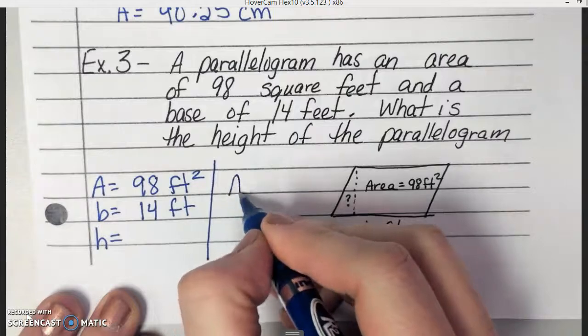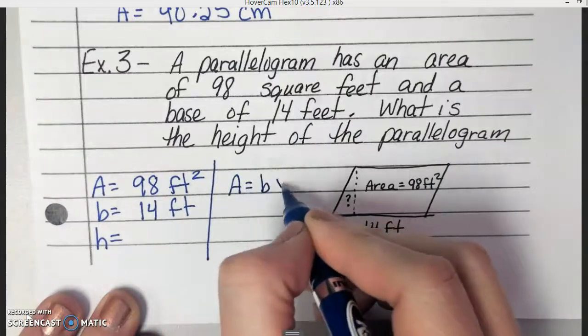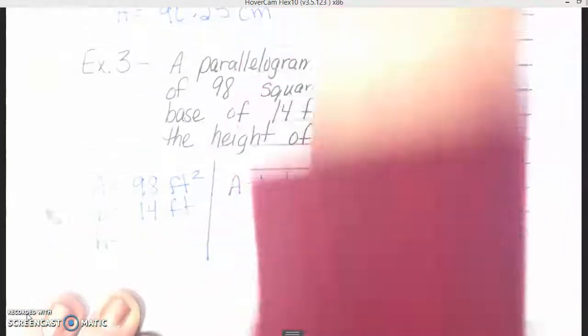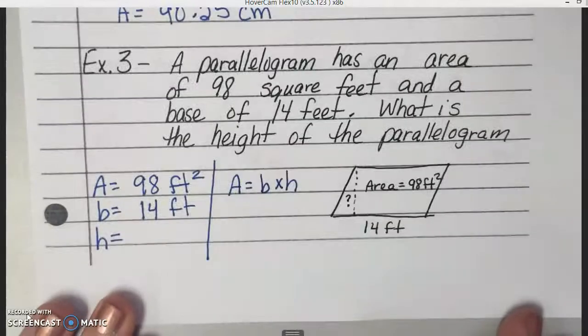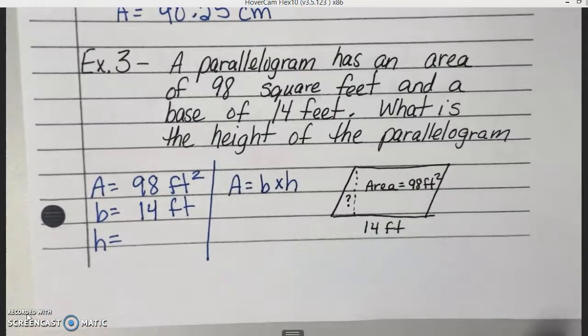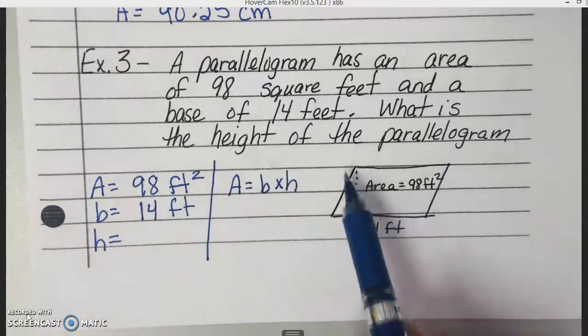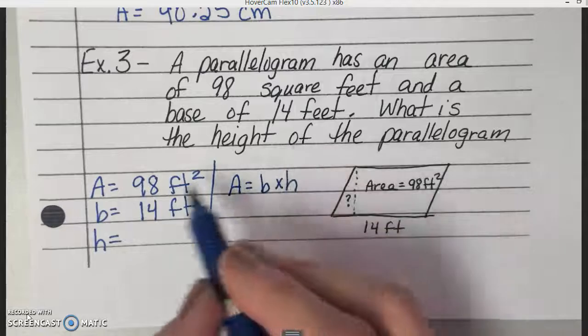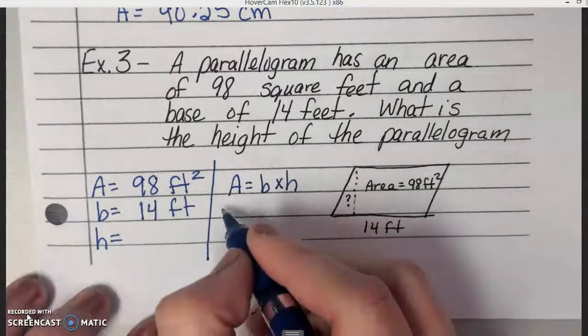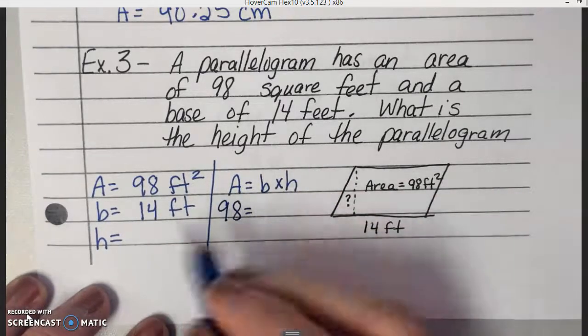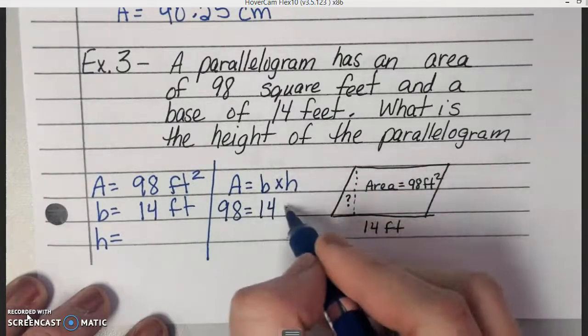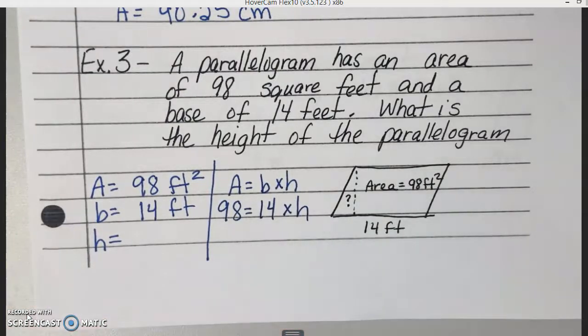I'm going to start with A equals base times height. And we're going to fill in what we know. We can look at the figure to see it, or we can look here on the side. So we know that A is 98. We know that B is 14, and we've got to figure out H.